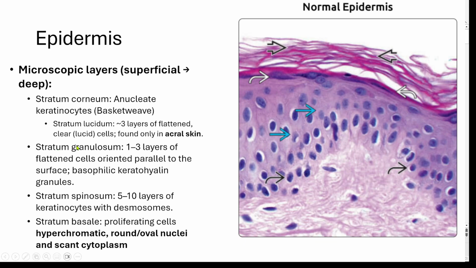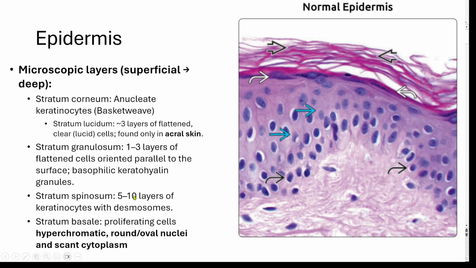Then we have the stratum granulosum, which is very easy to see here. We can see these basophilic granules of the nucleus being decomposed in here. Then we have the stratum spinosum. Spinosum means that it is spiny, with tapered ends of the cytoplasm.